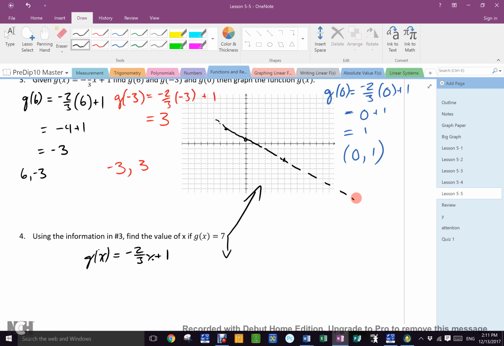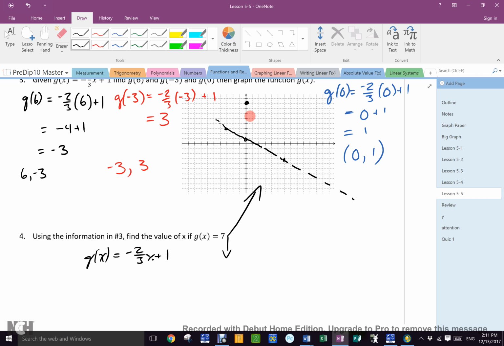You know that y equals 7 because that's an output. 1, 2, 3, 4, 5, 6, 7. y has to be 7. So you need something on that line.